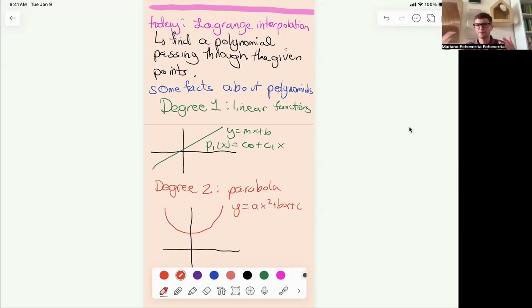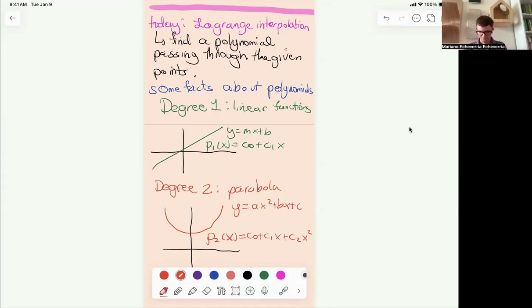But again, it's not super convenient when you want to talk about all the polynomials of different degrees. So switching to this more standardized notation, you would write P2 of x, because now it's a degree 2 polynomial, would be c0 plus c1x plus c2x squared.